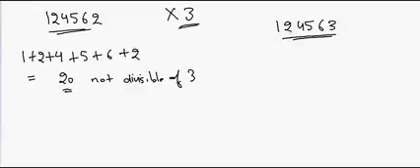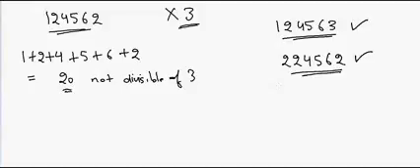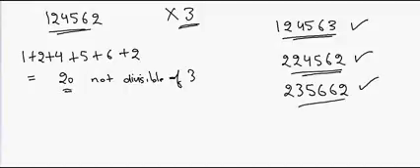Or we can increase any other digit. We can say 2 2 4 5 6 2, that should also be divisible by 3. Or we can say 3 5 6 6 2, increasing digits, and this should also be divisible by 3.